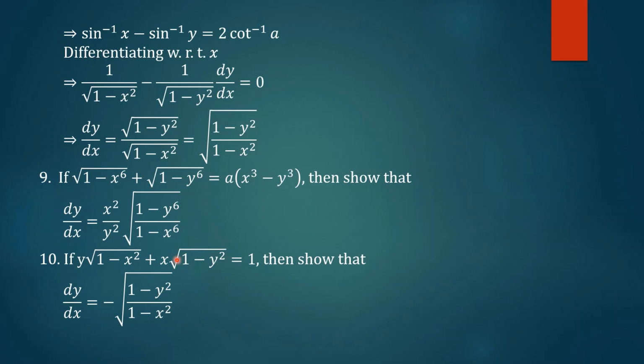Out of these 4 formulae, one of the formulae will come here, equal to 1. Then you free theta and phi from the left hand side. Right hand side will get cos inverse 1 or sine inverse 1, anything. And in each case, the right hand side will be constant. Okay, so then you put theta and phi by using your substitution, and then find differentiation. You will get this answer.